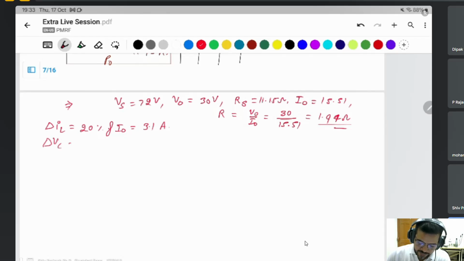Delta Vc is 0.1% of output voltage, so output voltage is 0.03.